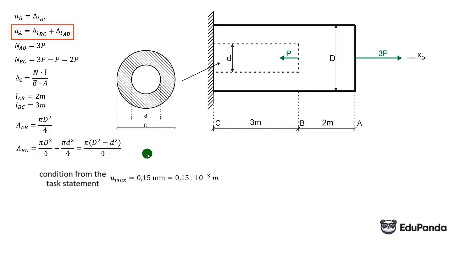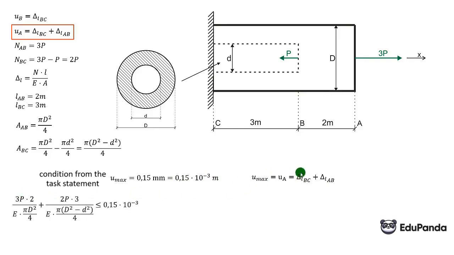And now to the conditions of the task, that is maximum displacement 0.15 millimeters. I converted it here to meters because I'll substitute everything in basic units. And the maximum displacement is the displacement in cross-section A, that is delta LBC plus delta LAB. So this is to be equal to Umax, that is 0.15 times 10 to the minus third meters.